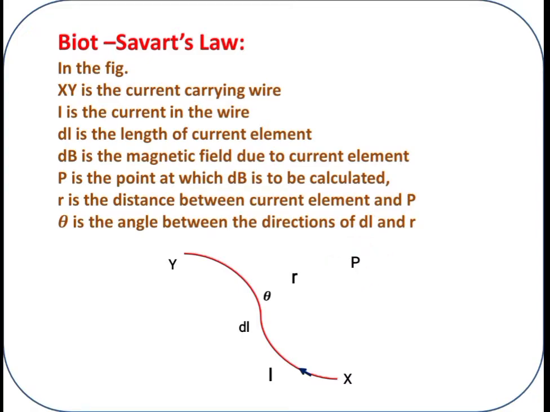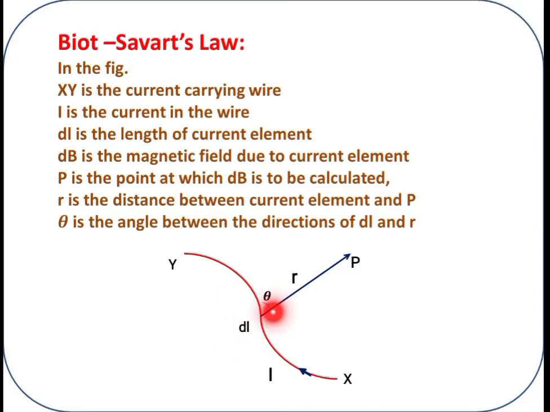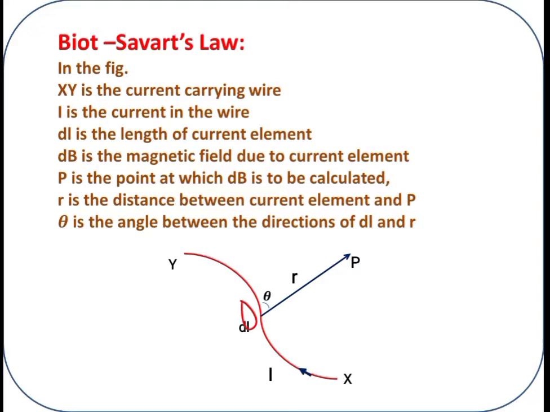The center point of this element is O. The distance OP is R. Carefully observe that between this element or wire and this OP side, there is an angle, which is denoted by theta.